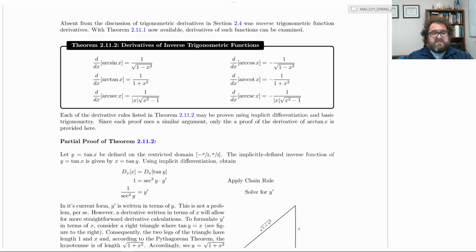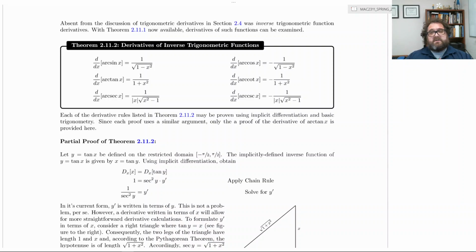Okay. So, of course, your inverse trig functions are arc sine, arc cosine, arc tangent, arc cotangent, arc secant, and arc cosecant. These are the inverse functions of those 6 basic trig functions.